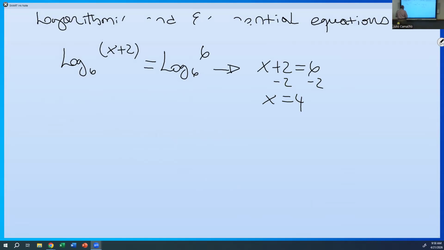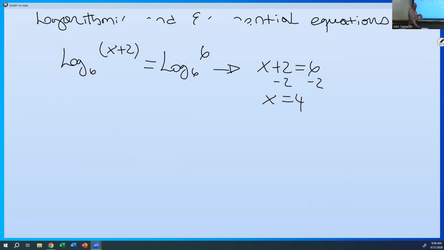Right now we don't have to do it, but we need to learn that one way to know if my answer is right or wrong is looking for the domain. The domain will be x plus 2 is greater than 0, so x is greater than negative 2. See, the answer has to be greater than negative 2, and 4 is greater than negative 2.